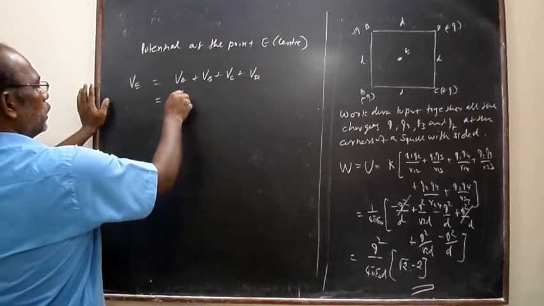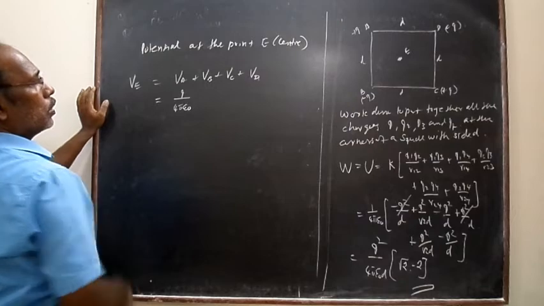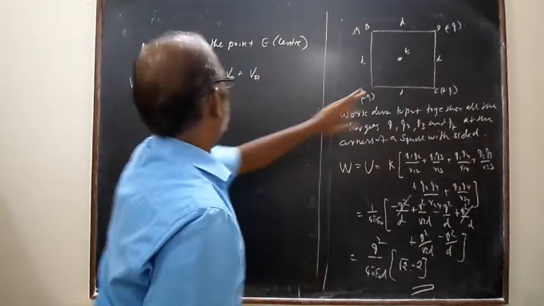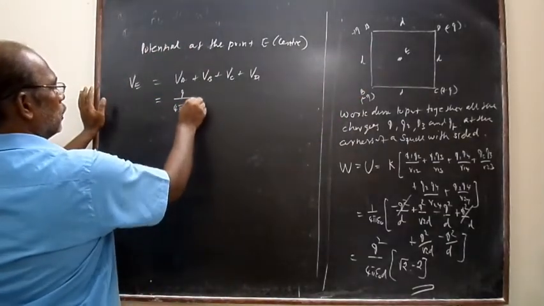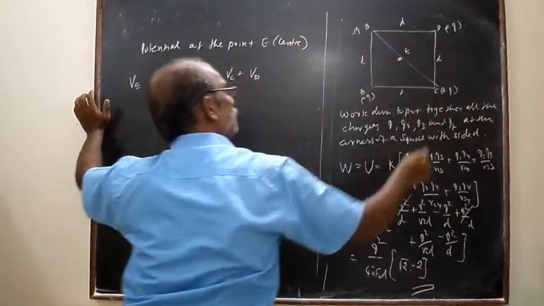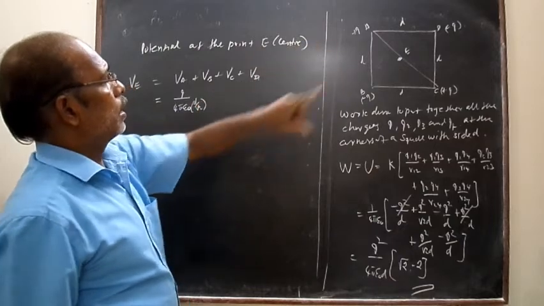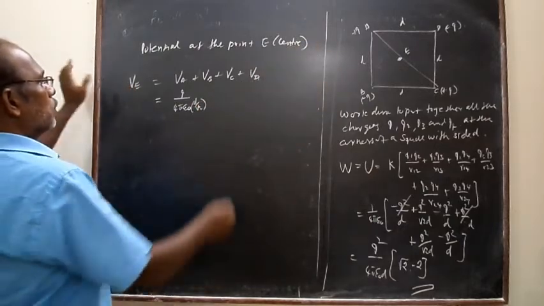Q by 4 pi epsilon naught. What is the distance? D by root of 2. The distance of the center from each corner is D by root of 2.